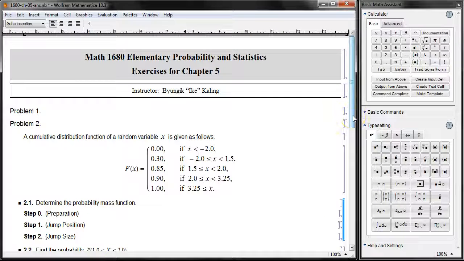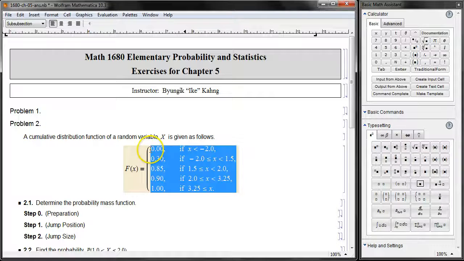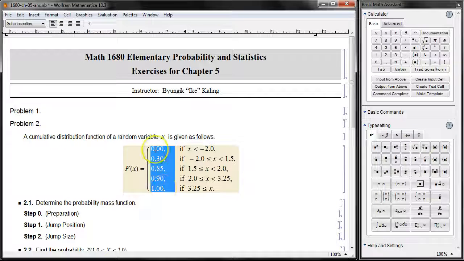Well, instead of 3-step, as a matter of fact, this is a 2-step process. Step 0 is preparation. Just a color coding, as a matter of fact. Here, do you see the breaking points? The x values where the jump takes place. In order to answer that question, you should not be looking at the left-hand side.